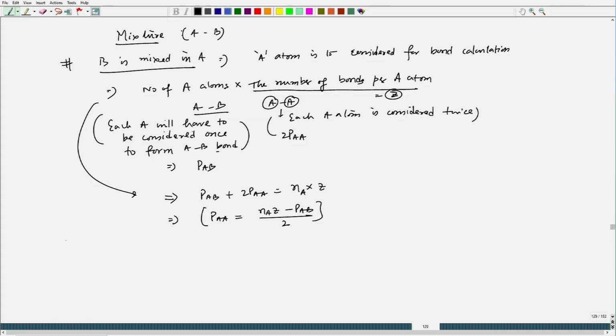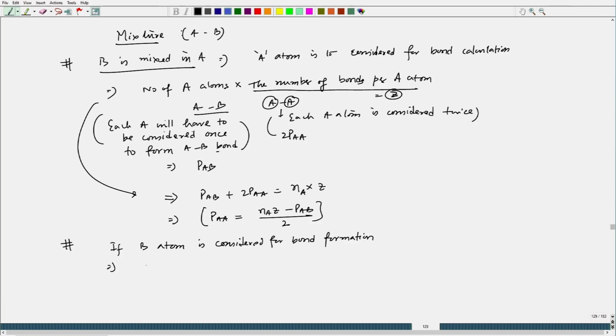Now, the second one, we are talking about B mixed with A. Now, under the same condition, if we take the B atom as the reference, the B atom is considered for bond formation.